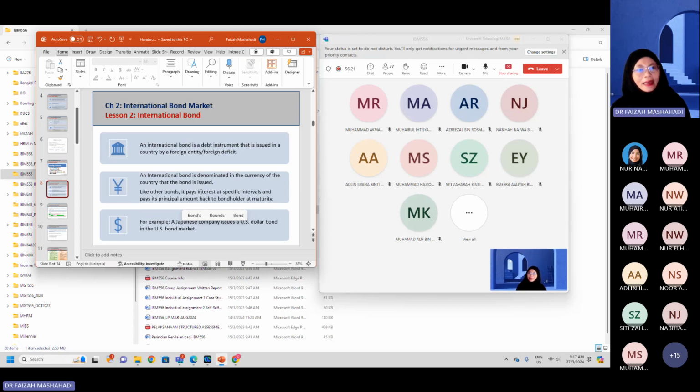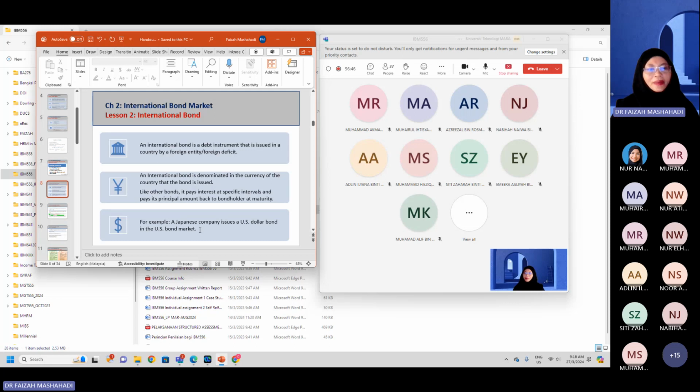That one is an international bond. McDonald's issues 50 million of bonds in the Malaysian bond market. That one is an international bond. Are we clear what international bonds are? Yes, madam. Good, Alhamdulillah.